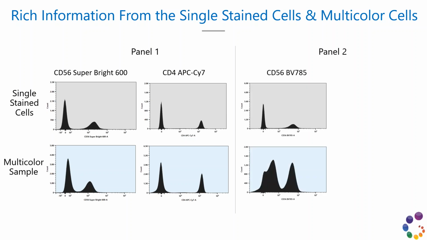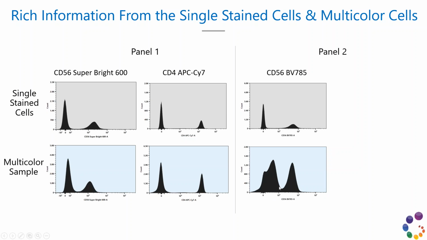Now here are a couple of examples from panel 2. For CD56 BV785, you can see it doesn't look so great in the multicolor world. Back in the single stain cell space, I have this really nicely clustered negative population and really great separation of my negative and positive cells. But then when I go and look at what's going on in my multicolor sample, things look strange.